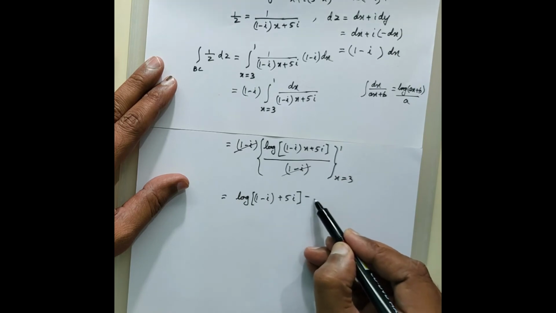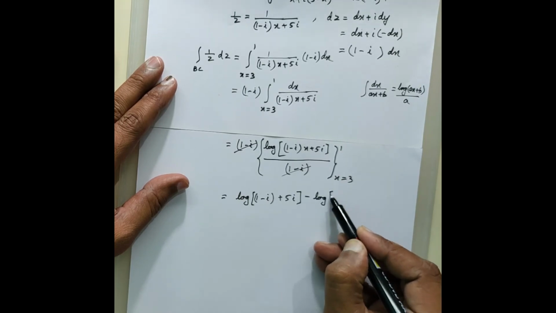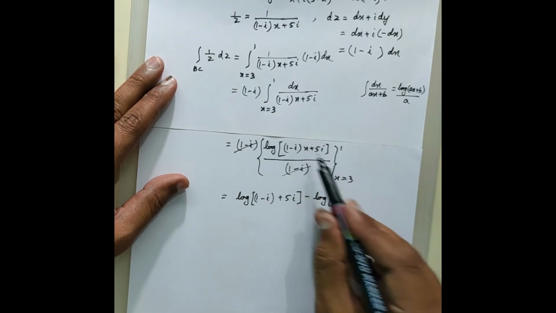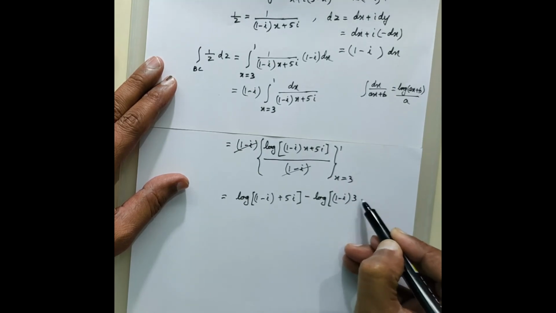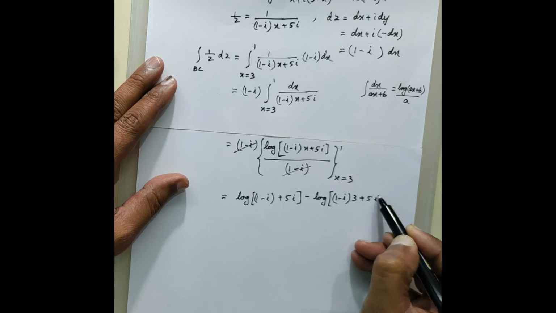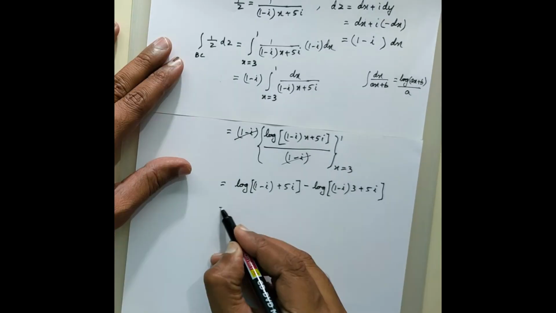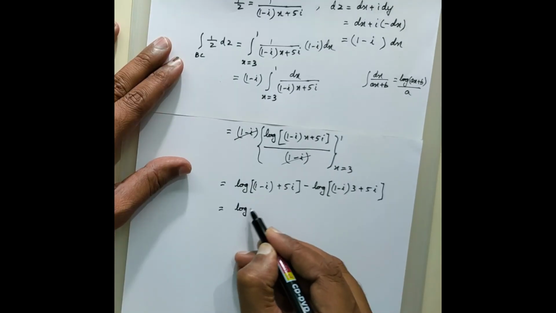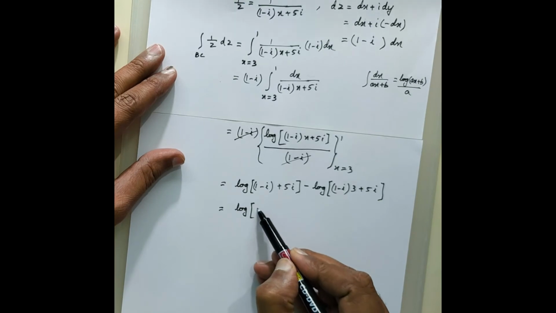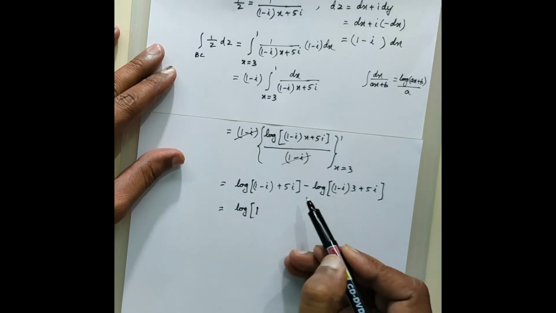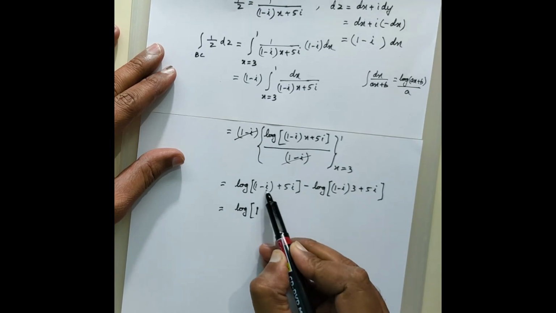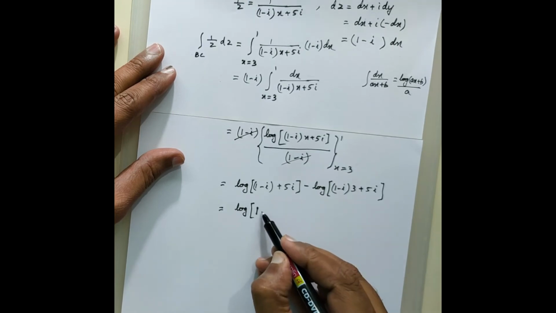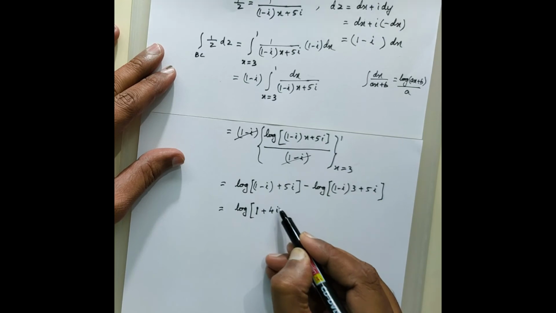Minus the lower limit value, where x will be 3. So we get log of 1 minus i times 3 plus 5 times i. So therefore it is log of, you can just write down 1 as it is, you have minus i there and plus 5i. So 5i minus i will be 4i. So 1 plus 4i.